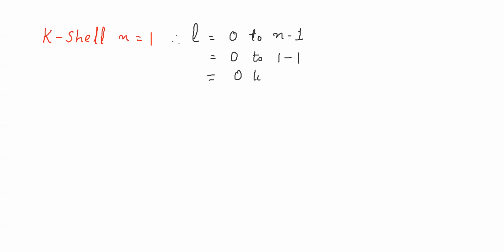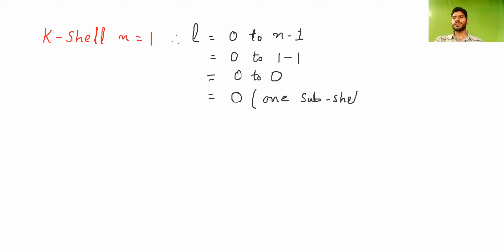So 0 to 0, there isn't any number between 0 and 0. That is actually 0. So 0 here doesn't mean nothing. This is very important: 0 means one subshell. Got it? So what is the name of this subshell? It is your 1s.